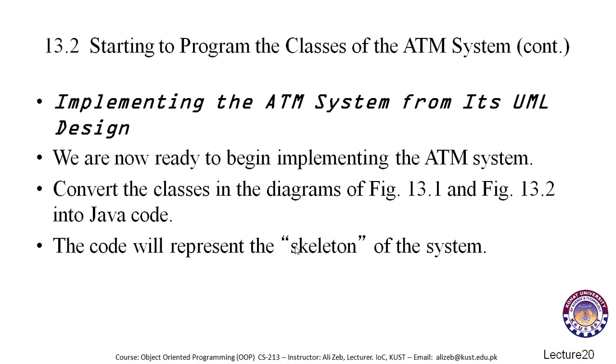The code will represent the skeleton of the system. Initially we will create our classes and add the code that we can, and then make further amendments and additions to our initial code.